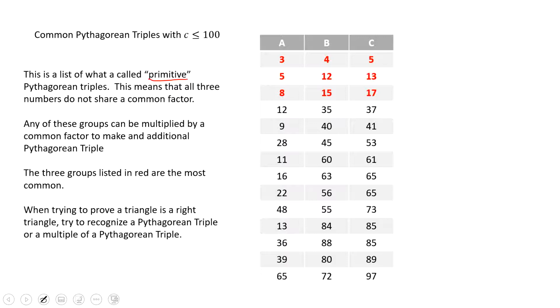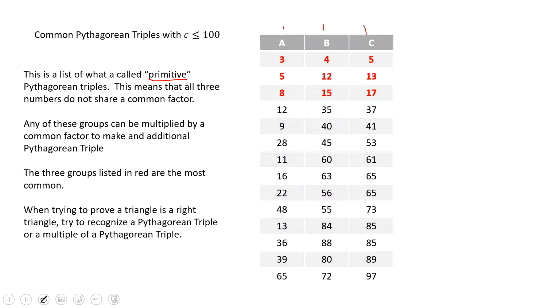So the primitive ones do not share a common factor. The a, the b, and the c do not all have a common factor. Two of them may have a common factor, but all three of them will not. I'm trying to scan them quickly and see if there are any that I can pick out right away.